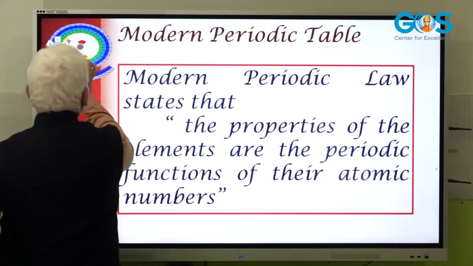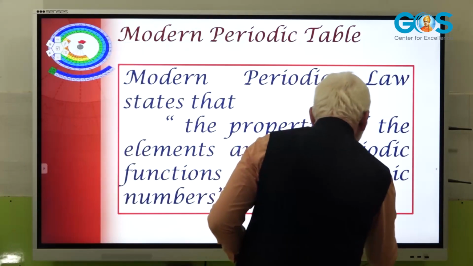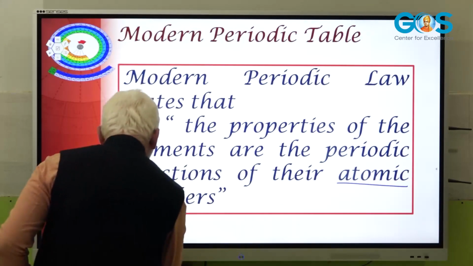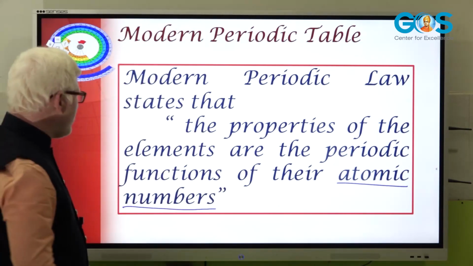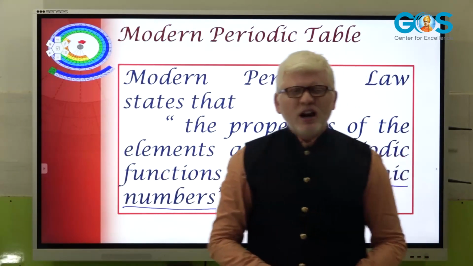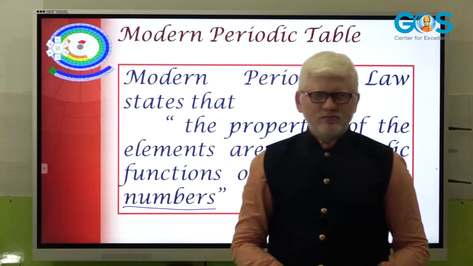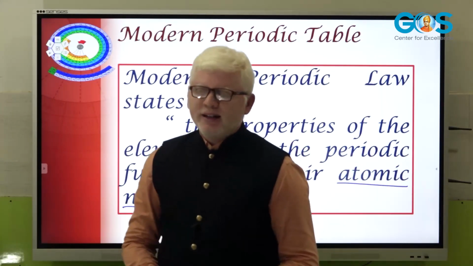Here, this is an important point, my dear students. This is a very important point. The properties of the elements are the periodic functions of their atomic numbers. What is meant by atomic numbers here?